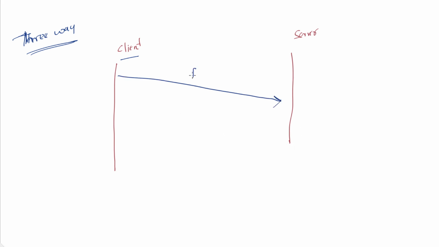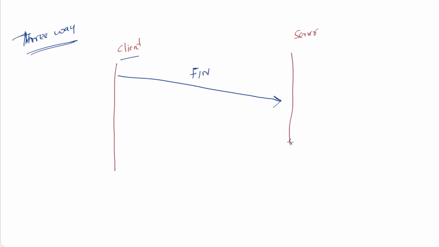It is very simple. Suppose this is the client and this is the server. Now the client wants to terminate the connection because the job that the client wanted to do from the server has been done. Then the client will send one packet which is called a FIN packet, which means it wants to terminate the connection.